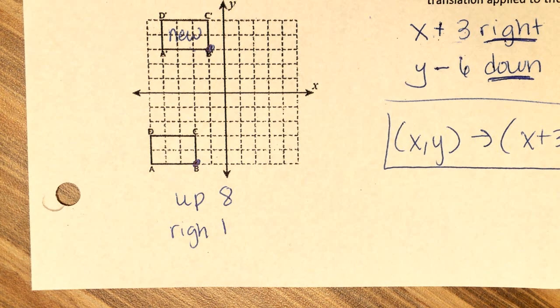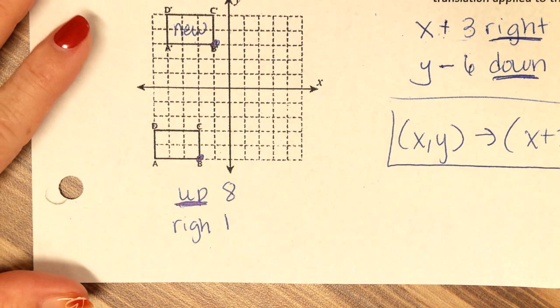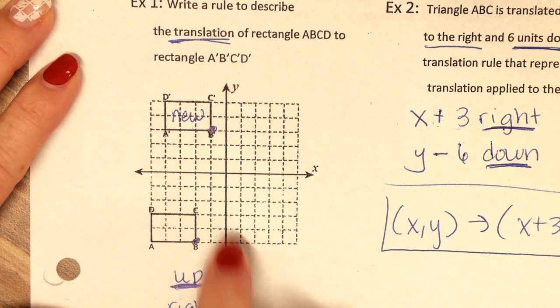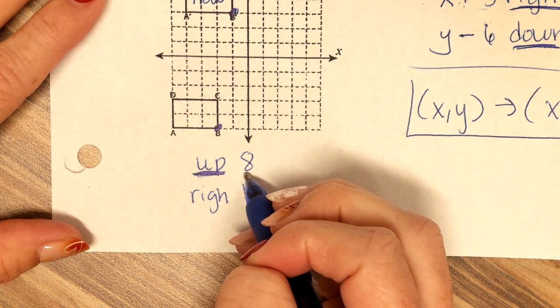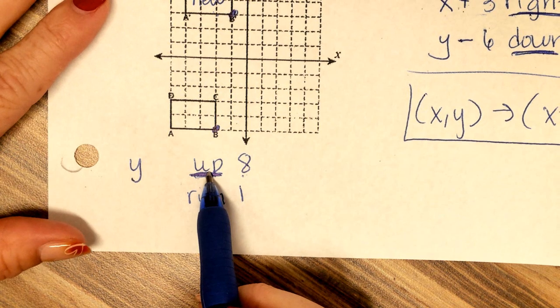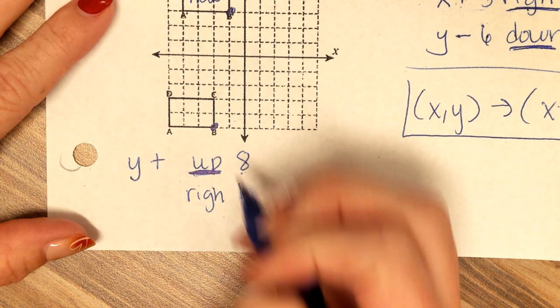Now all I have to do is put these with an X or a Y. So I ask myself, which axis goes up? Look at the X-axis and Y-axis. Which one? The Y-axis goes up and down, so this one's going to go with the Y. Is up plus or minus? Plus. All right.